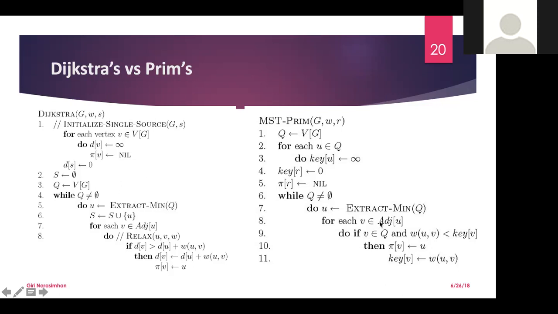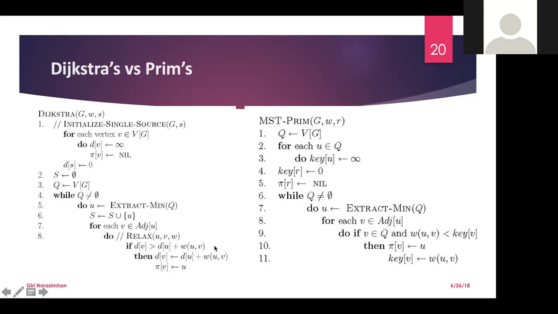Both of them use priority queues. Both of them do some initializations and then have a simple while loop, and in each iteration of the while loop, it does an extract min. The only difference is that in Dijkstra's algorithm, you do what's called a relax step. In the minimum spanning tree algorithm, you do something slightly different.